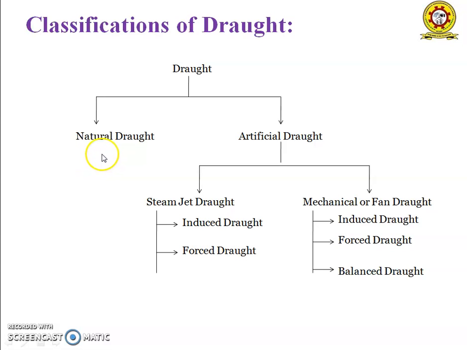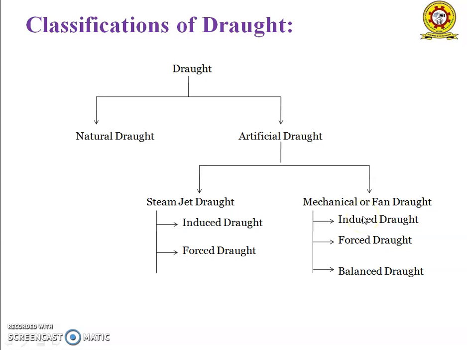In natural draught, if the chimney is used to create the necessary draught, then the system is called natural draught. If the draught system requires the addition of a fan or blower, then it is known as artificial draught, and it is also called mechanical draught.